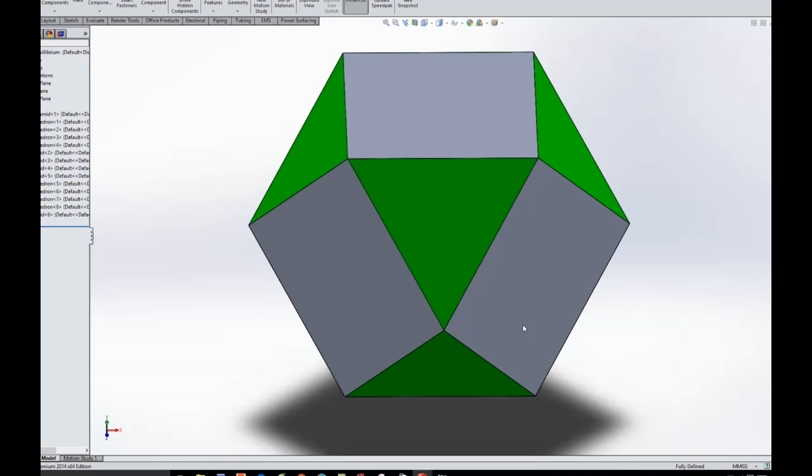Well, you cannot create what Buckminster Fuller calls all space filling with just tetrahedra. You need both octahedral and tetrahedrons to fill all space.